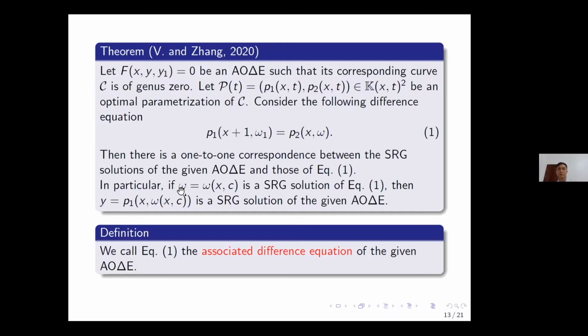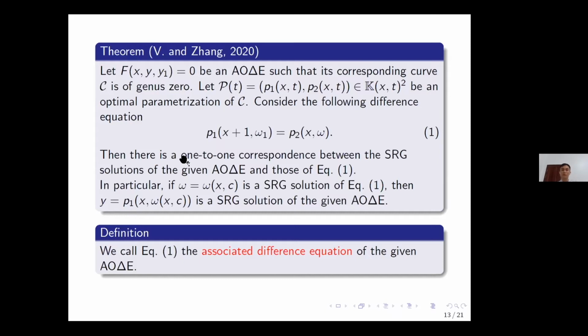In particular, if omega is a strong rational general solution of equation 1, then we can substitute omega into P1 to obtain the strong rational general solution of the given AO delta E. And equation 1 is called the associated differential equation of the given AO delta E. So now we reduce a general first order AO delta E to a new one in which the unknown function and the shift of the unknown function are separated. So it looks simpler.